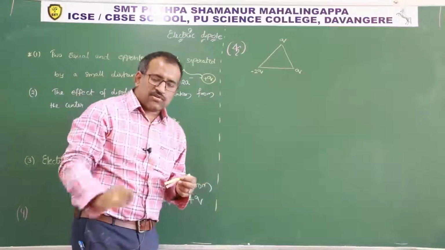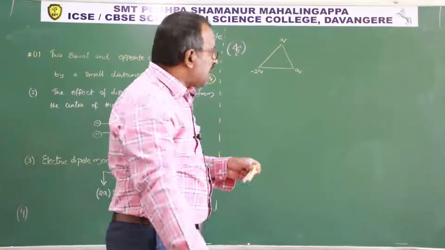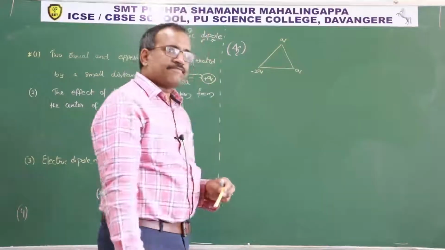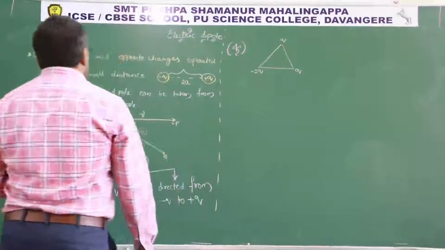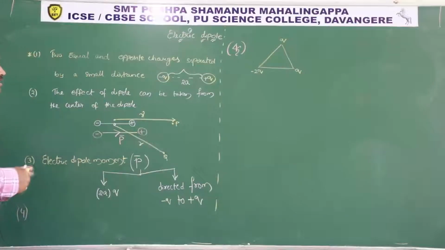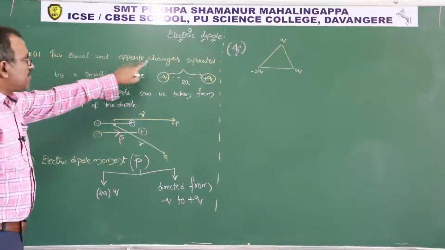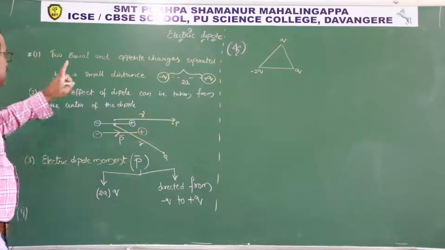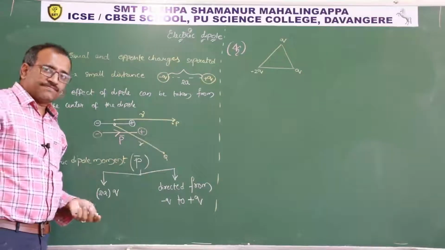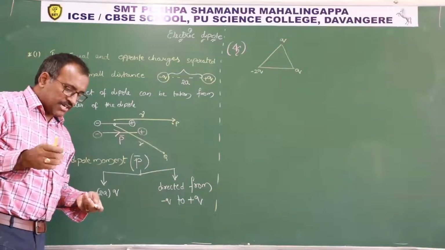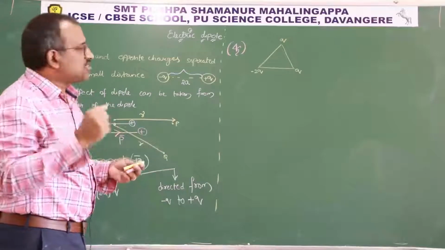So my straightforward question is, is there any dipole you are seeing there? Of course, as per the dipole definition, there will be two equal and opposite charges separated by a small distance. Right? Separated by a small distance. Okay, done?